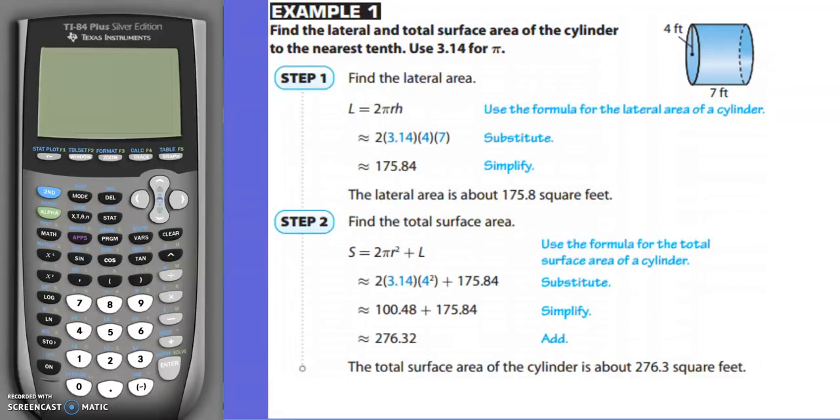All right, let's try the first example. It says find the lateral and total surface area of the cylinder. Okay, so we have the formula for lateral surface area: S equals 2 pi r h. So if we substitute in, we're going to say 2 times pi times the radius, which is 4, times the height of the cylinder, which is 7.